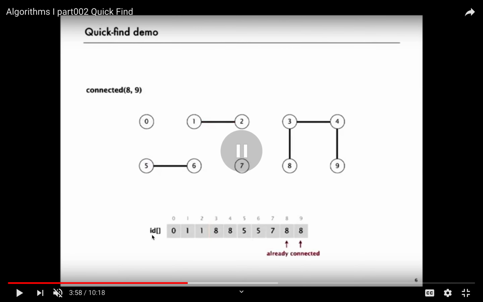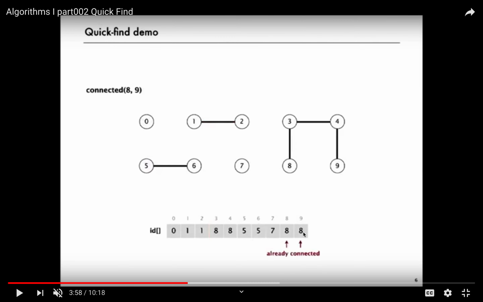Connected 8, 9. Now it checks whether 8 and 9 are connected. From the array, if we want to check whether 8 and 9 are connected, both of them should have the same ID. Now if we examine this array, for 8 you have the ID 8, and for 9 also you have the ID 8.